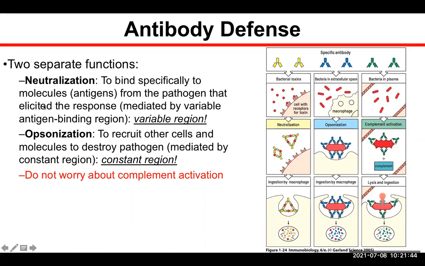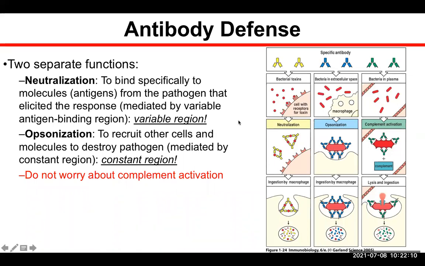The other main function that antibodies use to fight against pathogens is this fancy word called opsonization. And I had an immunology professor once describe opsonization as like adding salt and pepper to a pathogen so it's easier for innate immune cells to come and eat it. It makes it tastier.